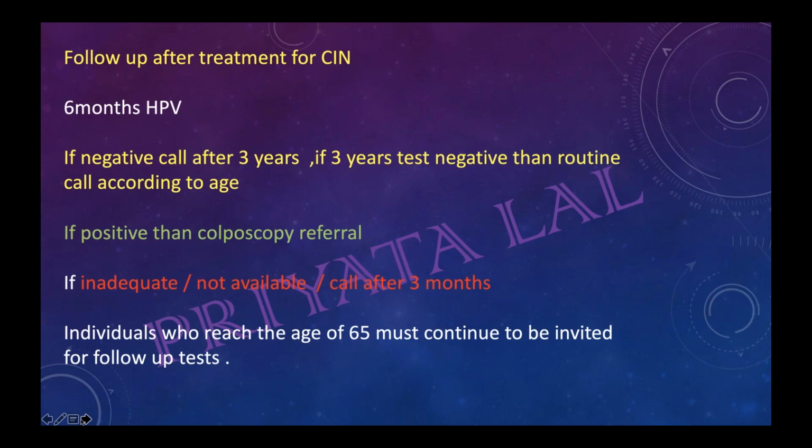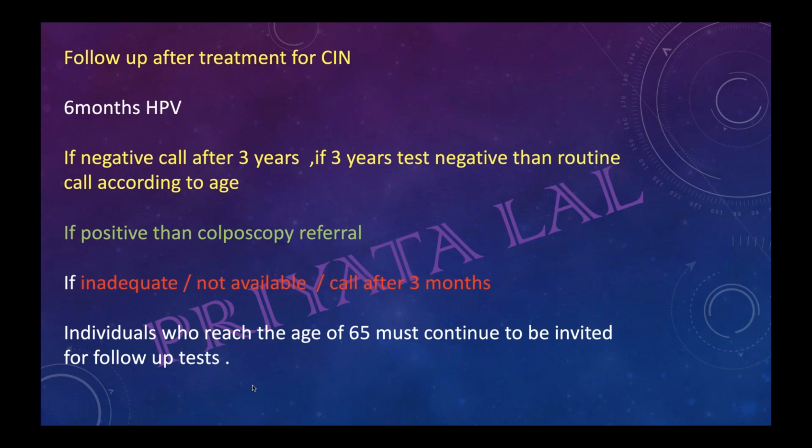Madam, again. What is the question? Should we stop at the age of 65 if the patient reaches 65? Please understand, if everything is going normal, the patient is on the normal screening, there has been no abnormal smear, there has been no treatment, then she will not be screened after 60 years of age.